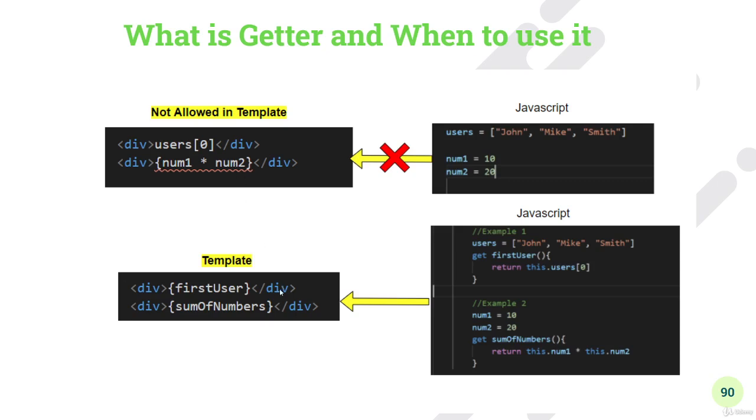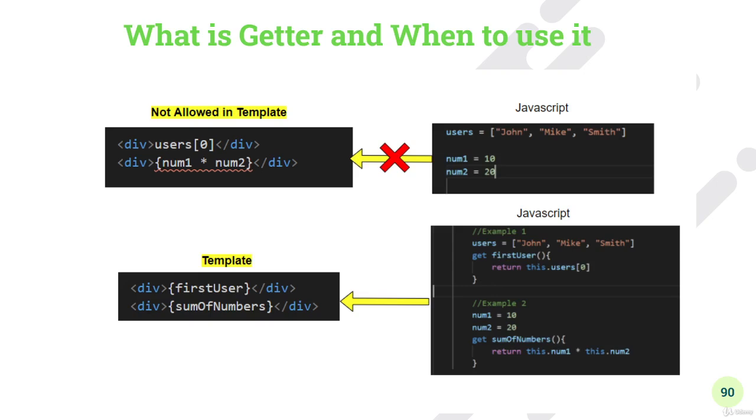What the getter said is: you perform your operation in JavaScript, and I'll bind your data back to your template, and it automatically binds it. You don't need any action to update this. As soon as a particular value changes, it keeps an eye and updates the template. A getter always starts with the get keyword.